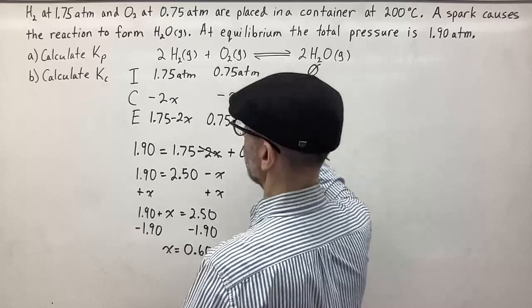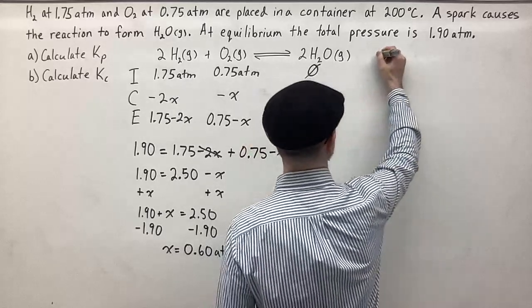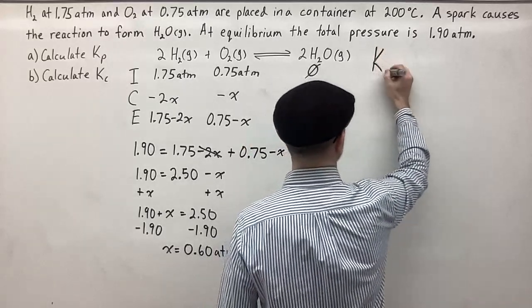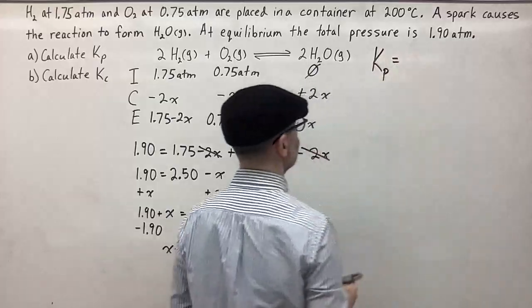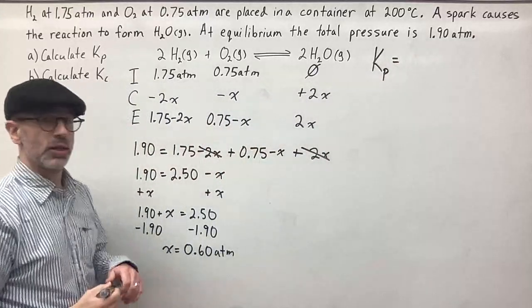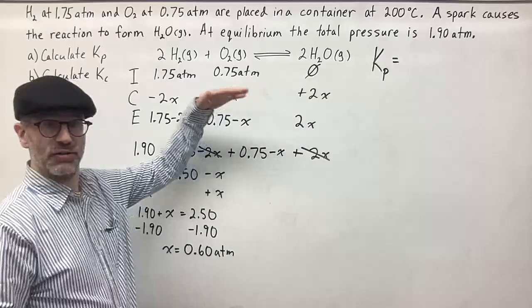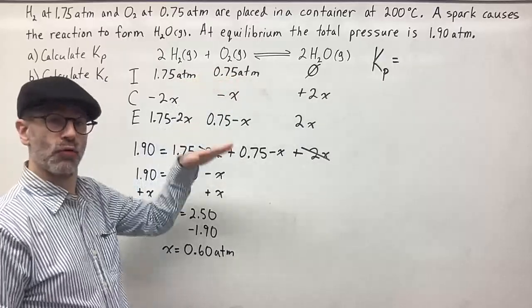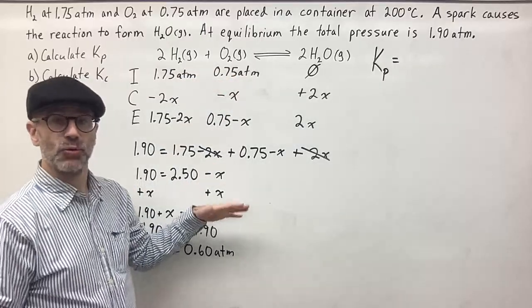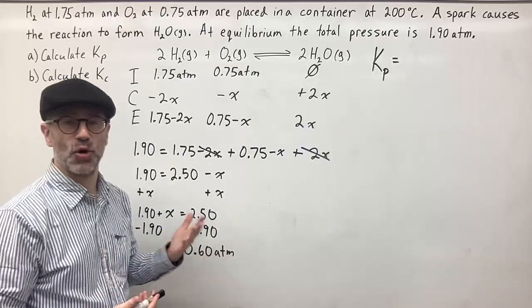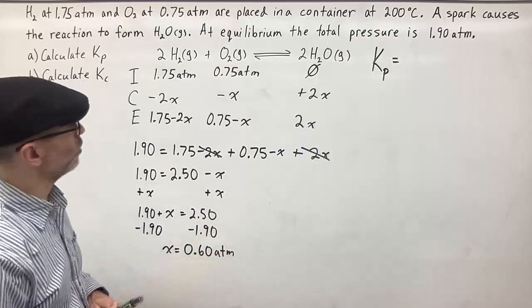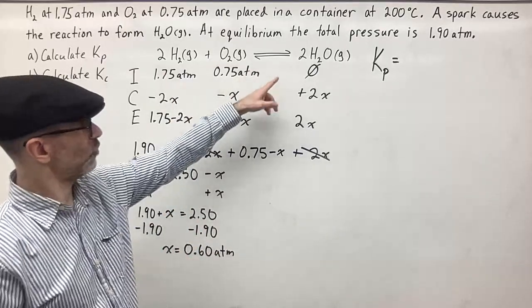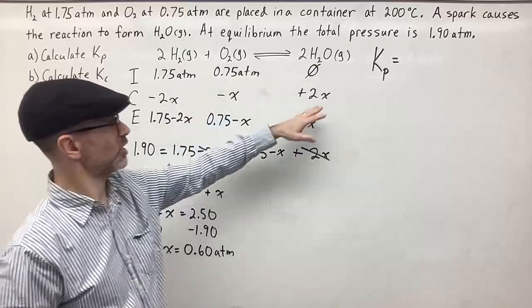Oh, by the way, we should have our K expression, right? So Kp is going to be equal to the pressures of the products over the pressures of the reactants raised to their coefficient powers. Here, they're all gases, so we're going to include all of these in our expression.